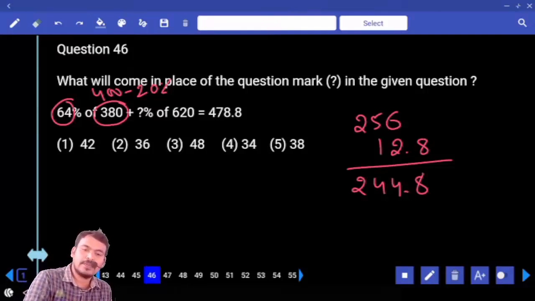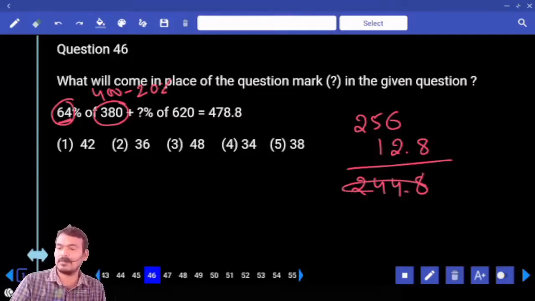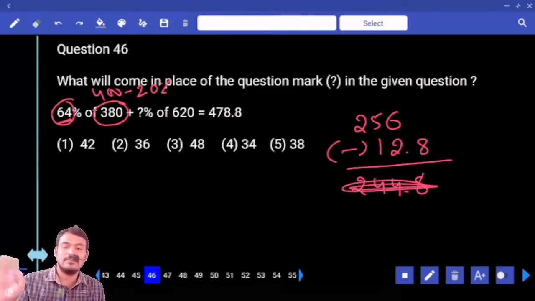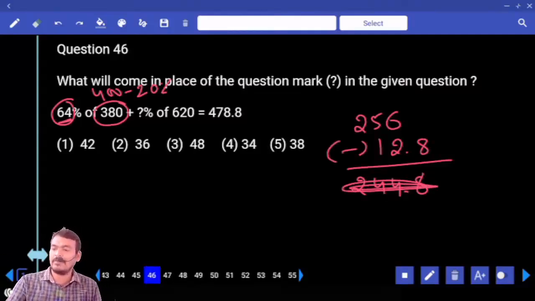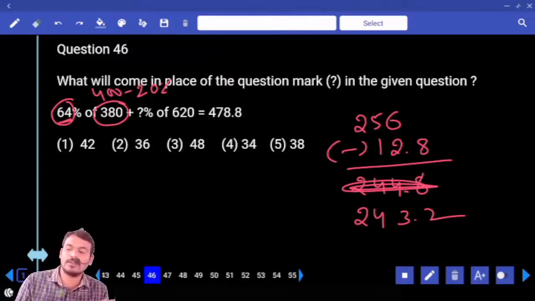What is the 10% of 64? 6.4. 20%, 12.8. Sorry, subtracting or adding? Subtracting. Ending with 3.2 or not? 25 minus 1, 24. It is 243.2. It is subtracted from which one?